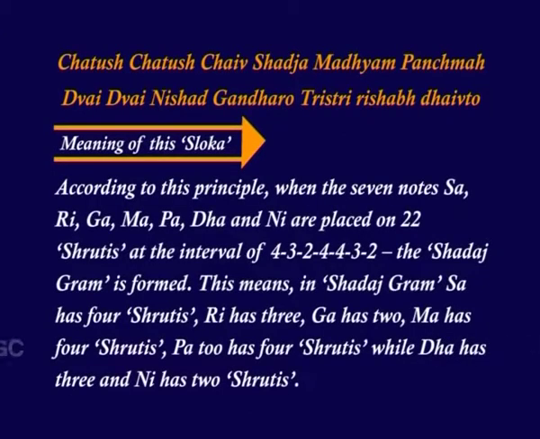According to this principle, when the 7 notes Sa, Re, Ga, Ma, Pa, Dha, Ni are placed on 22 shrutis at the interval of 4-3-2, 4-4-3-2, the Shadajgram is formed. This means in Shadajgram, Sa has 4 shrutis, Re has 3, Ga has 2, Ma has 4, Pa has 4, while Dha has 3 and Ni has 2 shrutis.